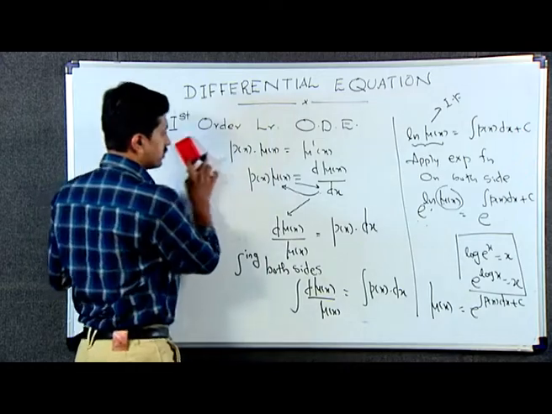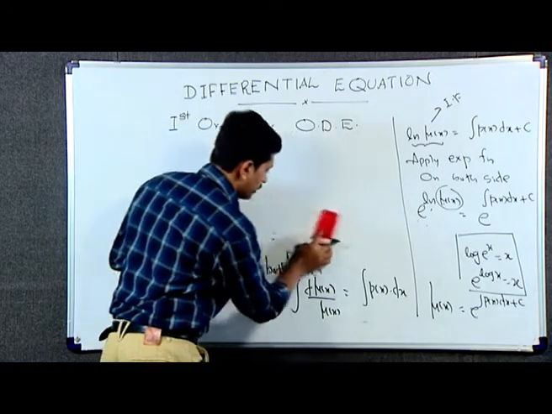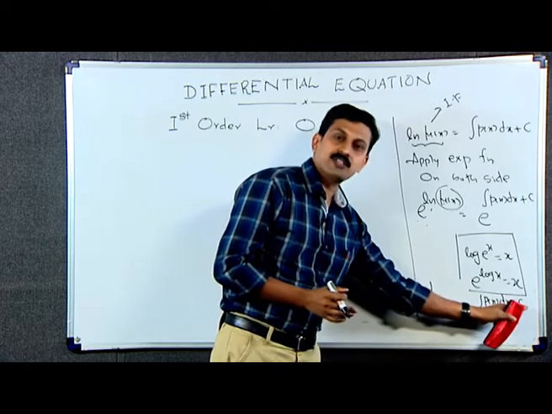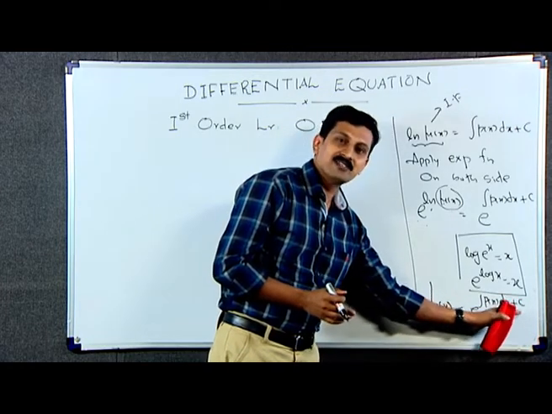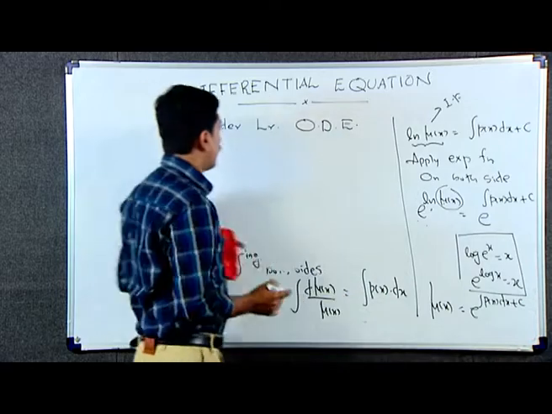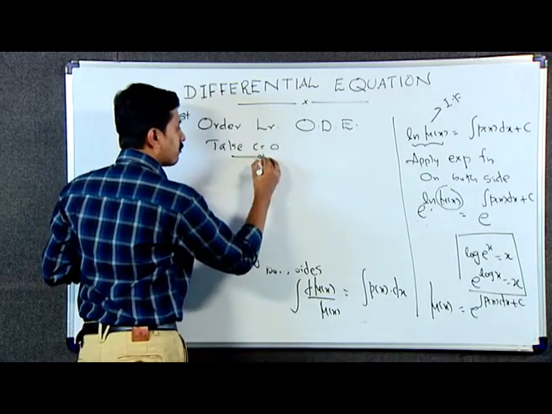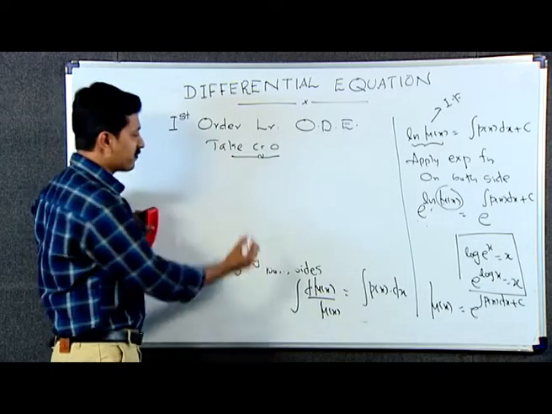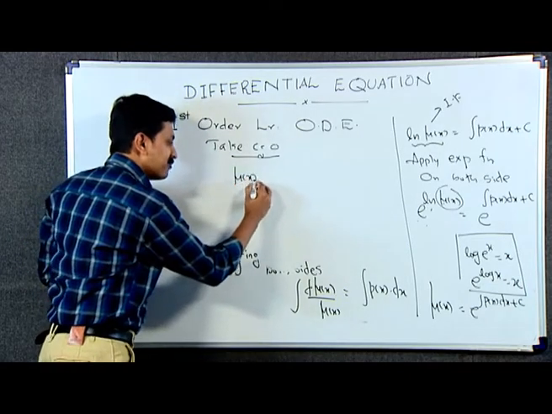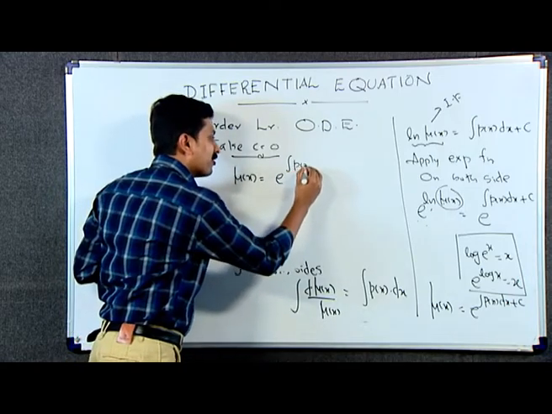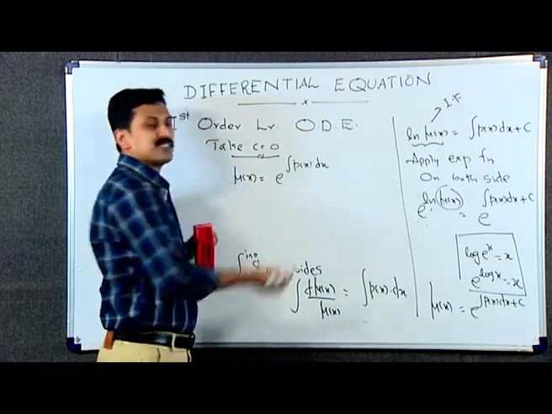For convenience, without loss of generality, we are taking c equal to 0. C is an arbitrary constant, so in particular we can treat c as 0. When we take c equal to 0, mu of x is equal to e raised to integral of p of x dx.